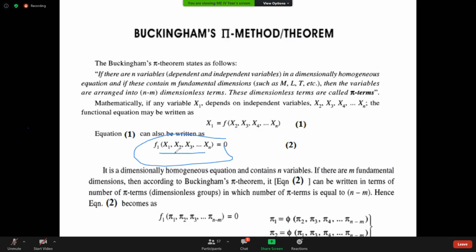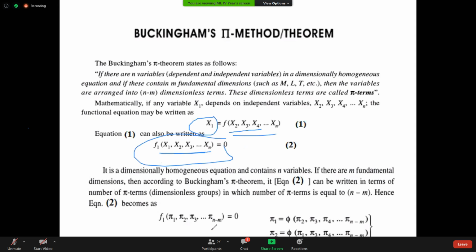Whatever variables are given for a particular analysis, the dependent variable is a function of some variables. If you want to write the total variables, the equation is a function equal to 0, according to Buckingham's pi theorem. While doing a problem, you will understand.